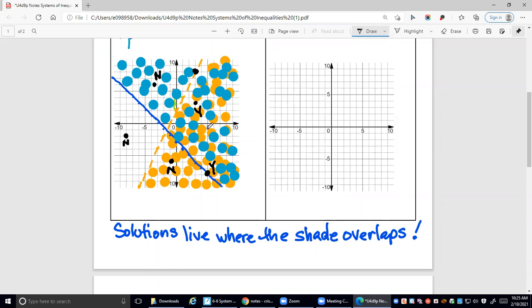Does it satisfy the blue inequality? It does, guys. It's totally in the blue area. Now, does it satisfy the orange part of it? Well, it's right on the line. Is this line including values? Yes or no? No. So this is not a solution, okay?